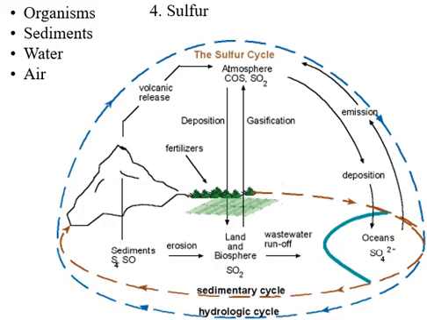It's got different forms. And this cycling of sulfur between the air and water and organisms and sediments and back again can occur relatively quickly, but it can take hundreds or thousands of years for an individual sulfur atom to make its way through this cycle.